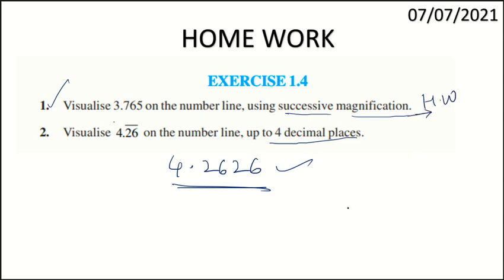Okay. So, it needs a little patience and proper drawing in your notebook. While doing successive magnification, use the pencil and scale and do it properly. Okay. Your patience decides your score.